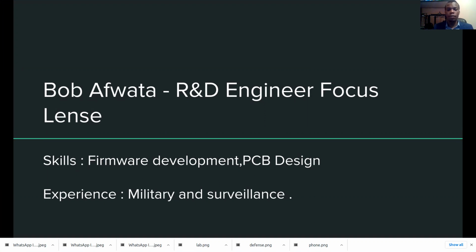At my back, you can see I have some 3D printers, which in the past 1 year I have also used to teach both academia and students how to design around medical equipment or around healthcare. So I have skills in firmware development, embedded Linux, as well as PCB design. And I've also worked with law enforcement agencies as a consultant in military and surveillance.